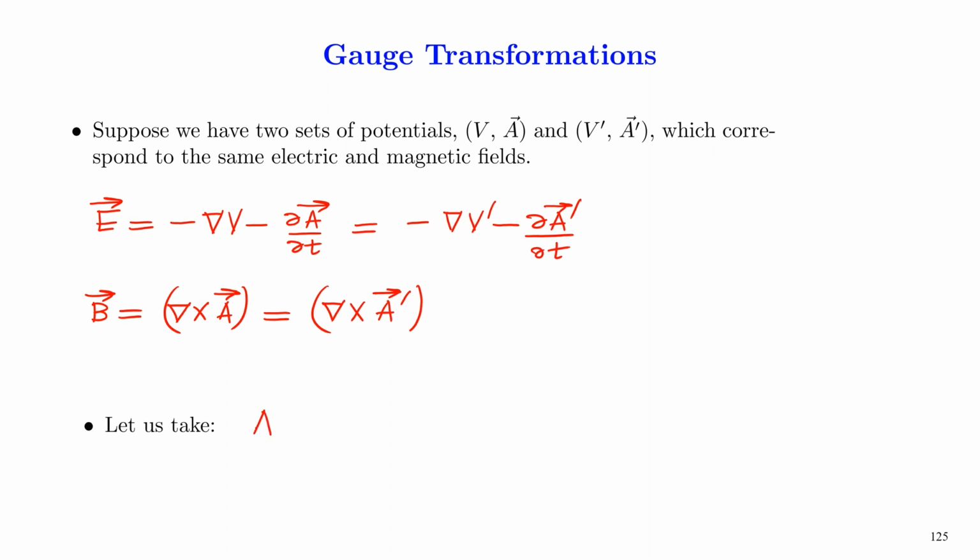For that, let us take A prime as equal to A plus alpha, and V prime as equal to V plus beta. So A prime and A differ by a quantity alpha, and V prime and V differ by a quantity beta.